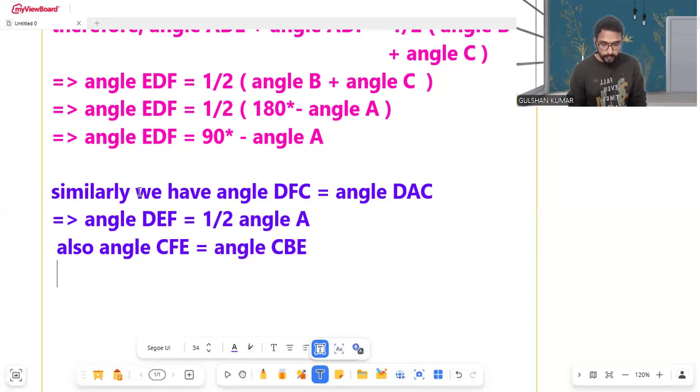That will imply that angle CFE will be equal to half of angle B. Clear?